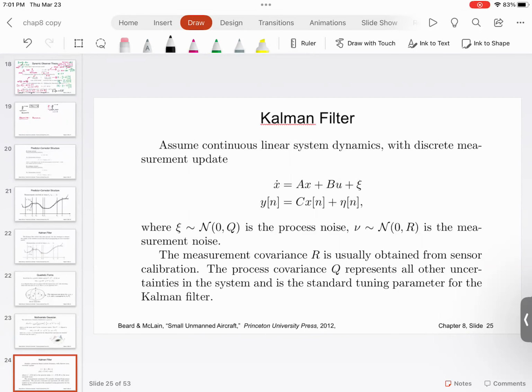Then with these two tools, we are able to derive the dynamics equation for Kalman filtering, wherein you have the dynamics x dot is equal to ax plus bu. Now, the thing that you see here is the system dynamics also is imprecise. In the previous case, we talked about x dot is equal to ax plus bu. That was the system dynamics equation.